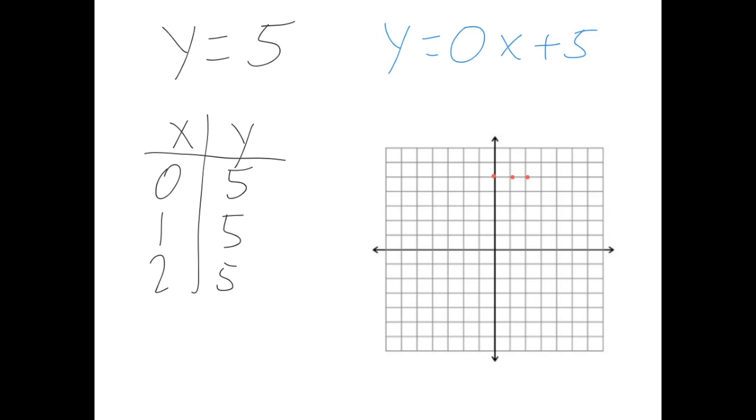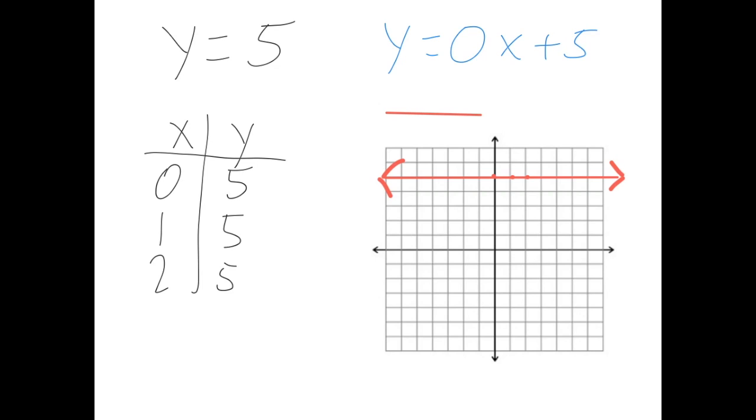So every time, we're making more dots and they're all next to each other. They're all on the same horizontal line, meaning our line will be a horizontal line. So we draw our line, put our arrows on it to show that it goes on in both directions forever.